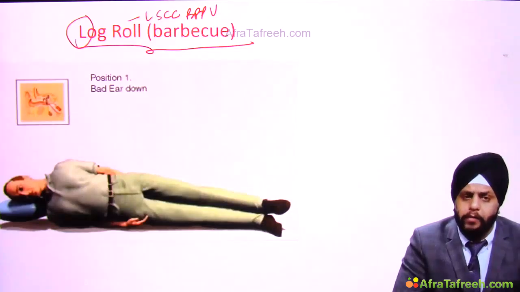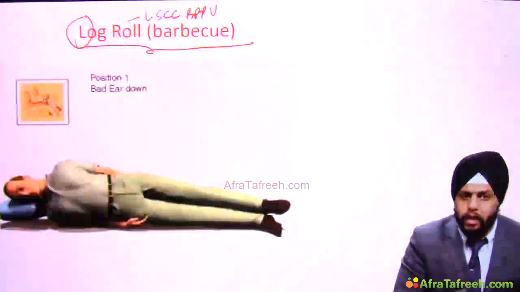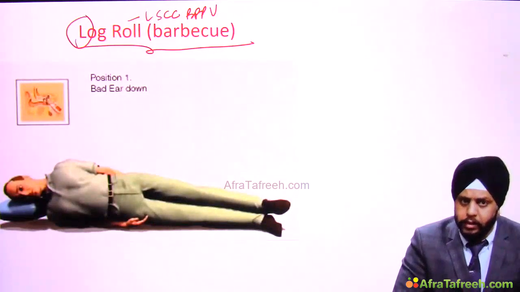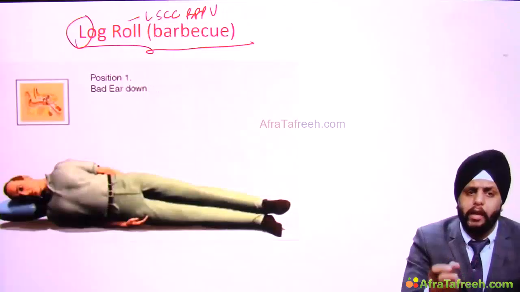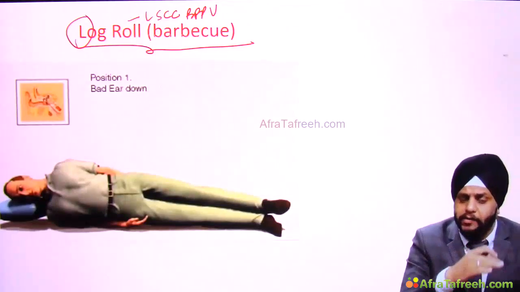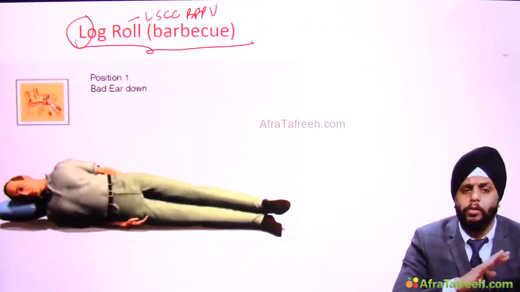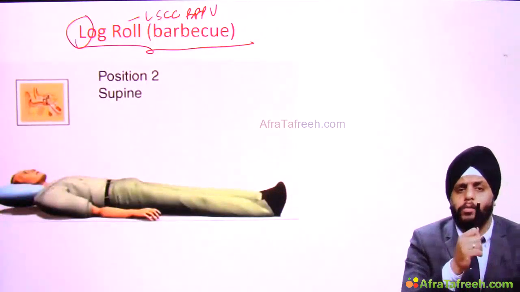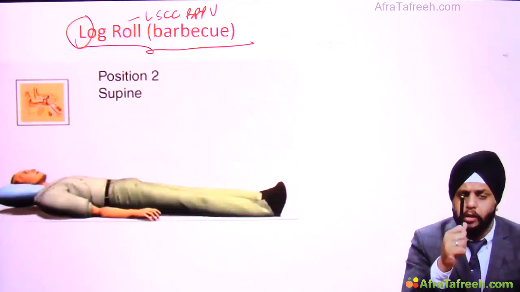You see in the previous test, Lempert's test, you could move the head separately from the body, but here in log roll you will move the entire body along with the head. In step 1, the patient lies down with the affected ear down, the bad ear is down. Now step 2, the patient moves the entire body along with the head. Now the patient is in supine position looking up.